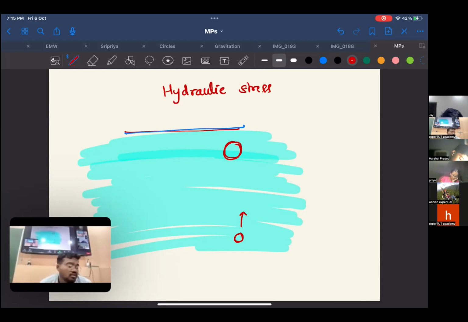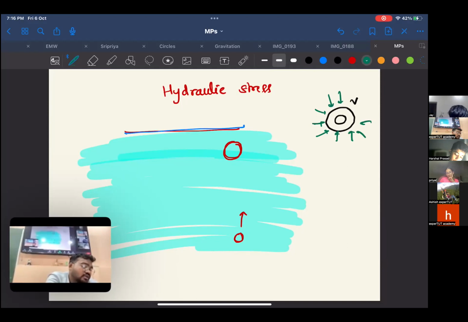You can also think of it the reverse way: if you take a bubble to the bottom of the ocean, it decreases in size. The bubble's volume was V earlier; when you took it down, the volume decreased. Why? Because the pressure is acting everywhere. The dimension of stress is force by area, and pressure is already force by area. So the hydraulic stress is just pressure.